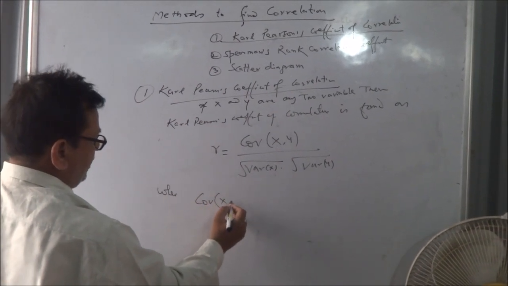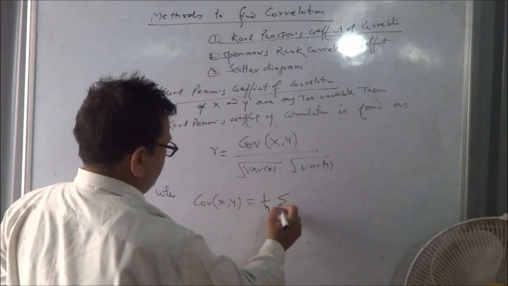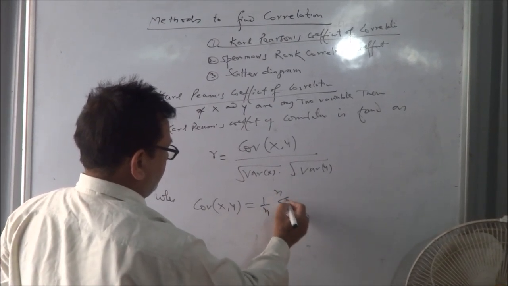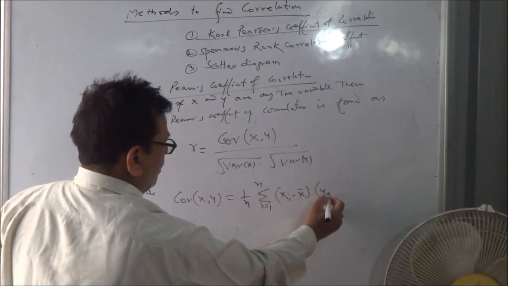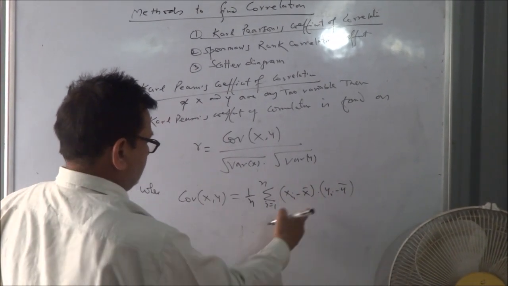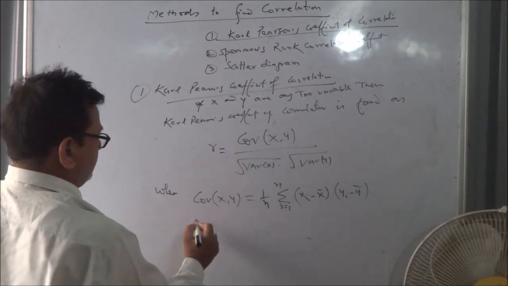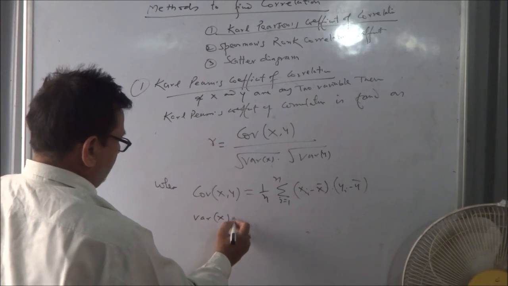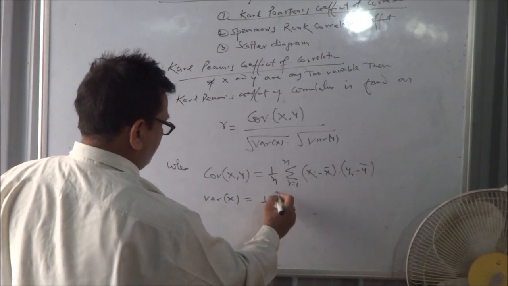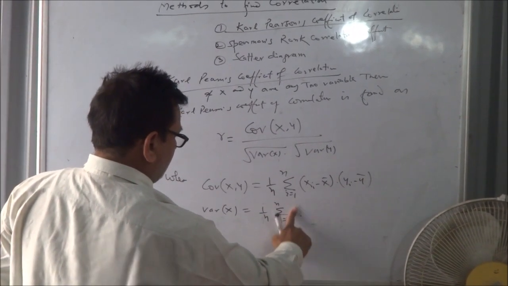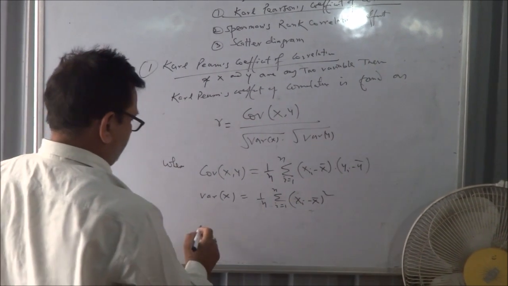covariance of xy you can calculate from this formula: 1 upon n summation i varies from 1 to n, xi minus x bar into yi minus y bar. This is the formula to calculate covariance of xy, and variance of x can be calculated by this formula, 1 upon n summation i varies from 1 to n of xi minus x bar its whole square.